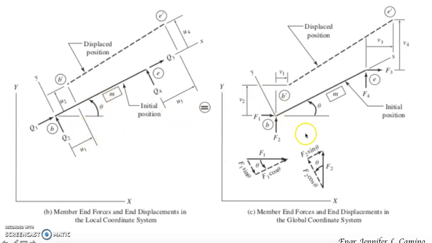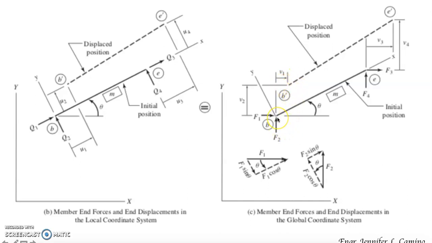So figure C now illustrates our member end forces and member end displacement in the global coordinate system. We have to take note that member end forces in the global coordinate system is denoted by capital letter F, and member end displacement in the global coordinate system is denoted by small letter v to represent that this is end displacement in the global coordinate system.